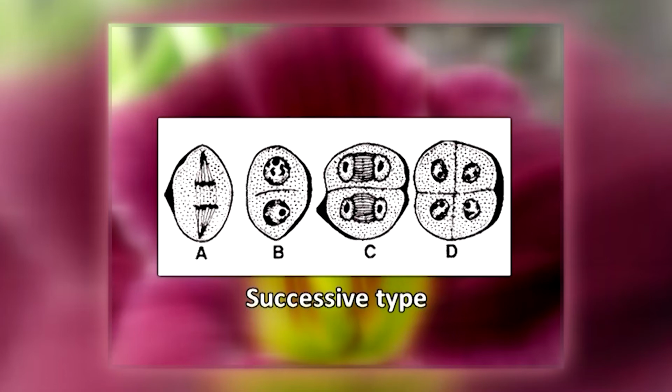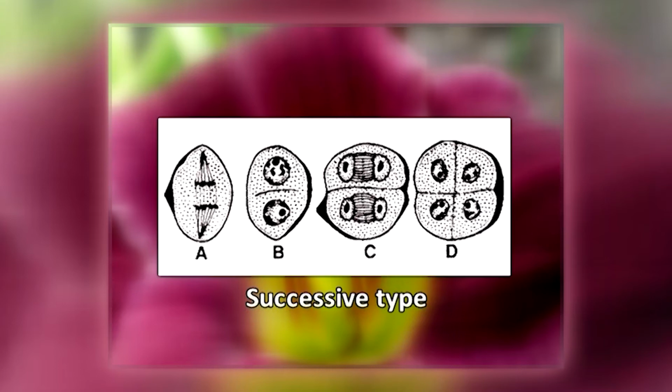Each cell of the dyad thus formed undergoes meiosis second. The wall formation between the 2 daughter nuclei occurs in the same way as after meiosis 1. This results in the formation of a microspore tetrad. The second meiotic division may not be synchronous in both the cells of the dyad.